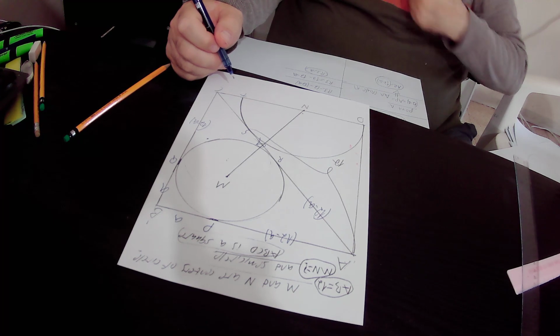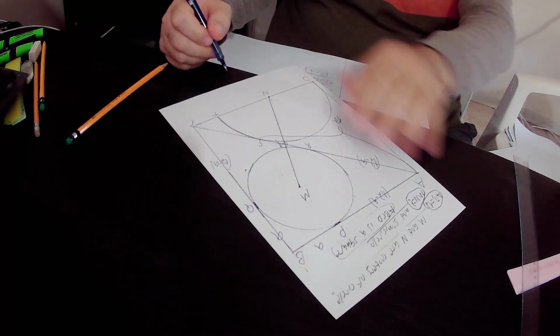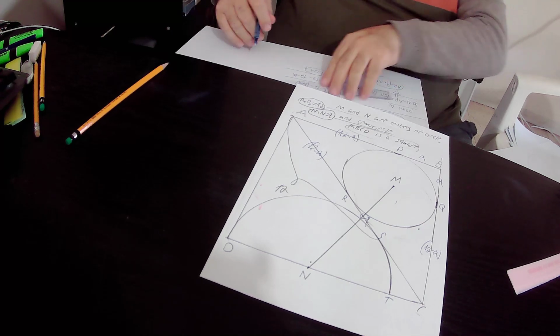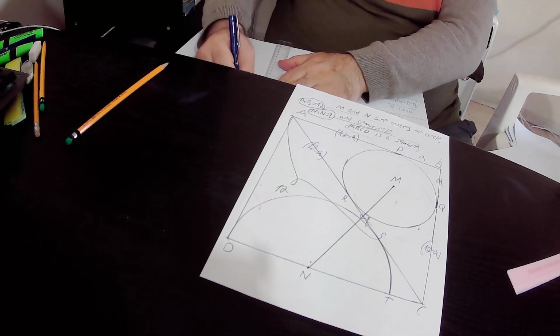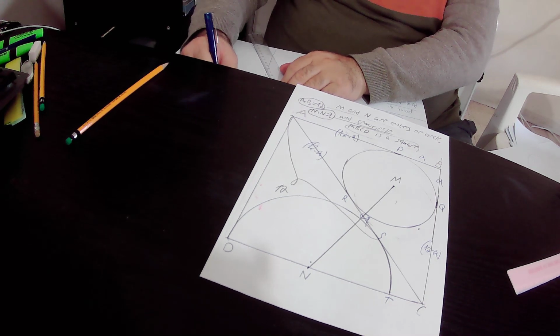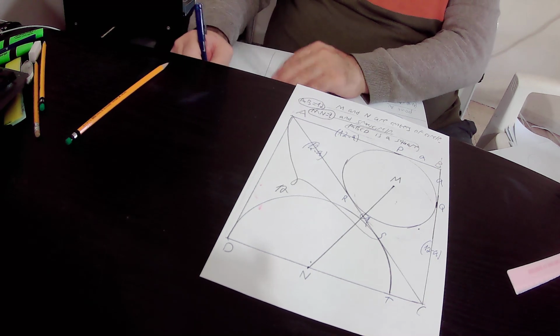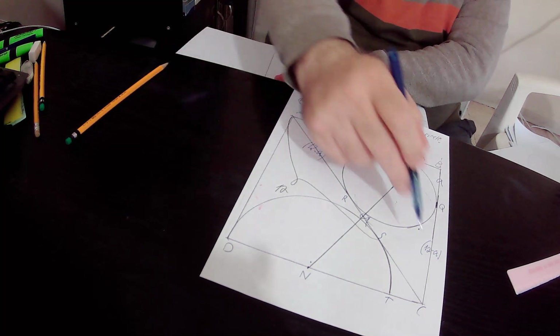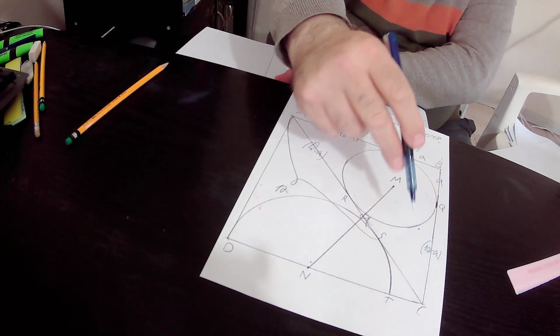Here we will focus on the external point, point C. From the external point, point C, we have two tangents to this circle.